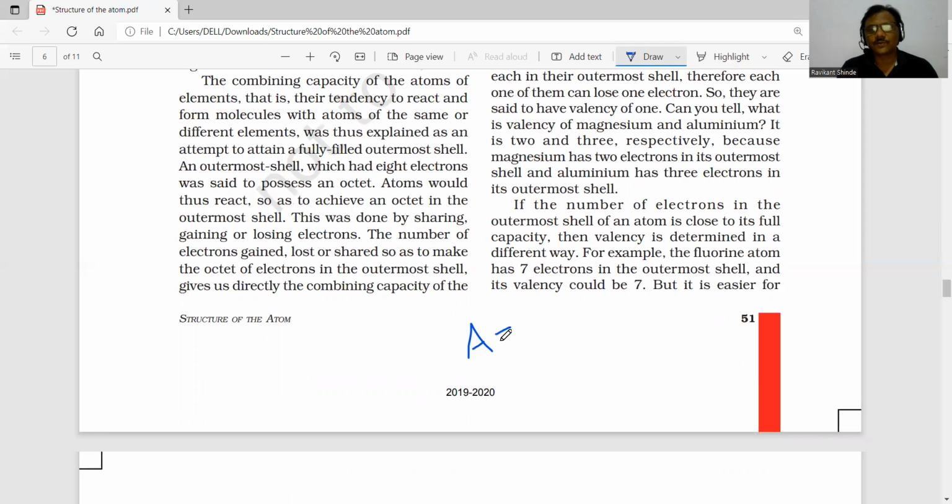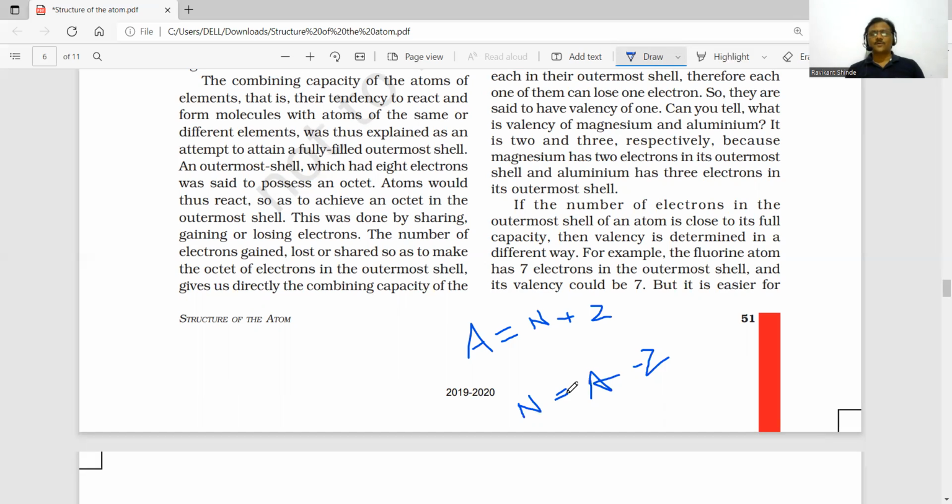It is equal to the number of neutrons, n, plus the number of protons, which we represent by Z. So the value of n we can find out as A minus Z. So we get the value of n. How are we getting the value of n? For example, aluminium. Tell me, what is the atomic mass of aluminium?